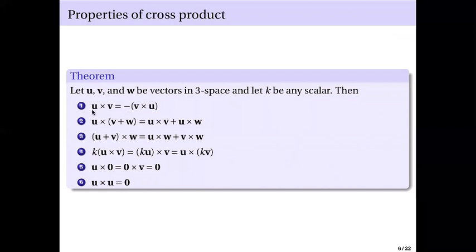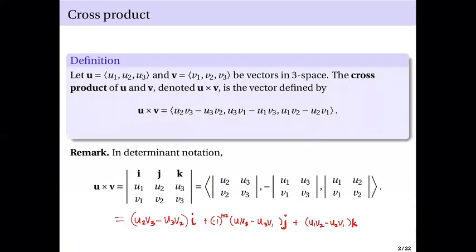And you can easily see this identity in the determinant form of the cross product. As we have said, the first factor in the cross product will be the second row, and the second factor will be the third row.